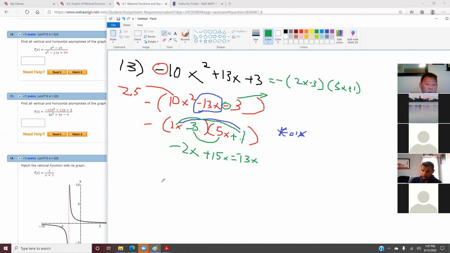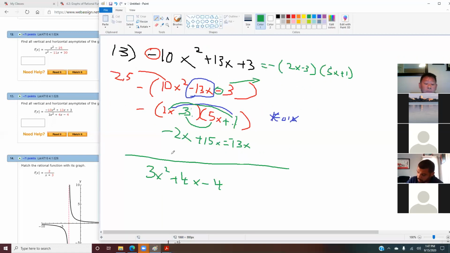Now you factor the bottom one: 3x squared plus 4x minus 4. Go ahead and factor it for me. You guys have to do this work.